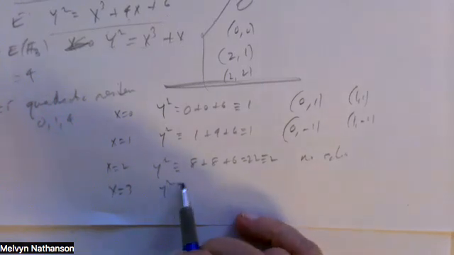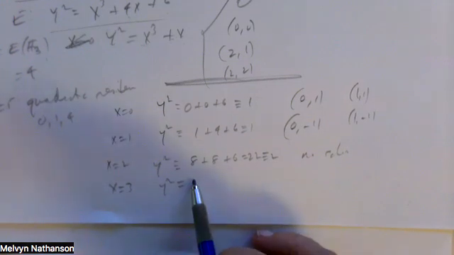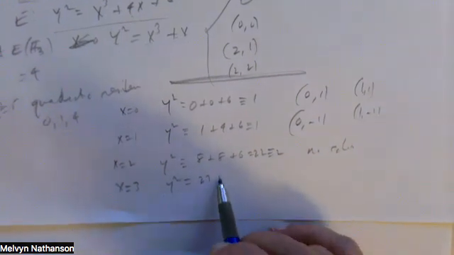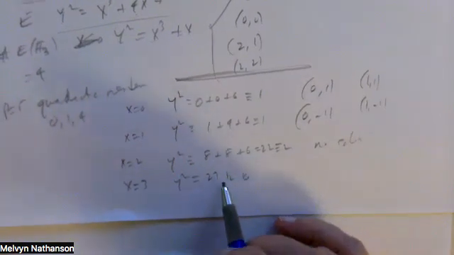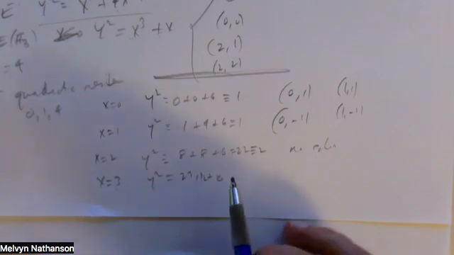What about x equals 3? We have to solve y squared equals 3 cubed plus 4 times 3 plus 6. That's 27 plus 18.